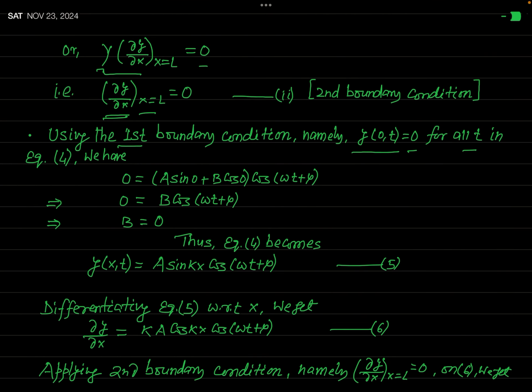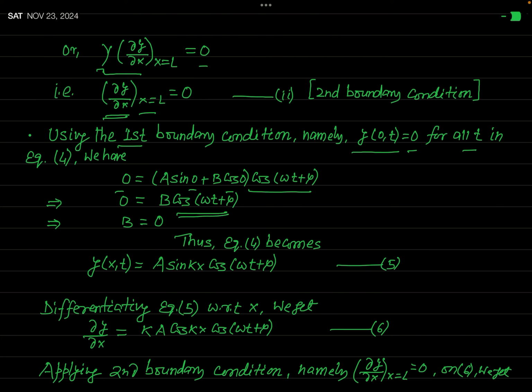You can see that after the application of the first boundary condition on equation 4, our result becomes 0 equal to a sin 0 plus b cos 0 times cosine of omega t plus pi. It means 0 is equal to b times cosine of omega t plus pi, because sin 0 is 0 and cos 0 is 1.